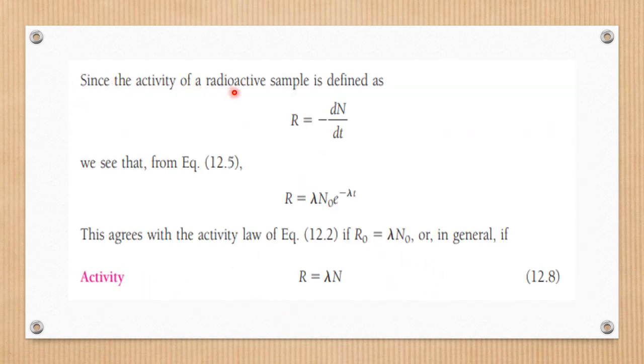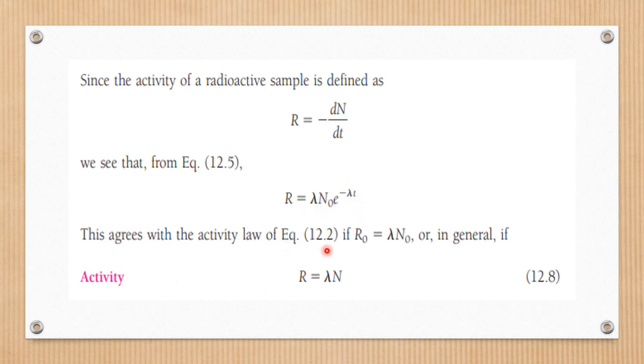Since the activity of a radioactive sample is defined as R equals minus dN by dt, on differentiating the above equation we get R equals lambda N0 e raised to minus lambda t.